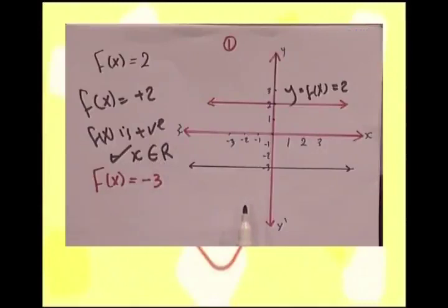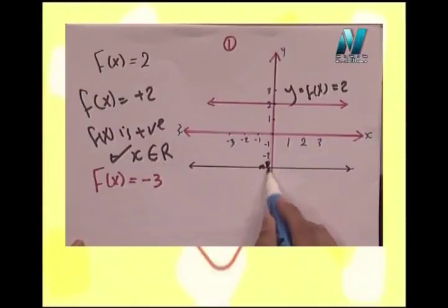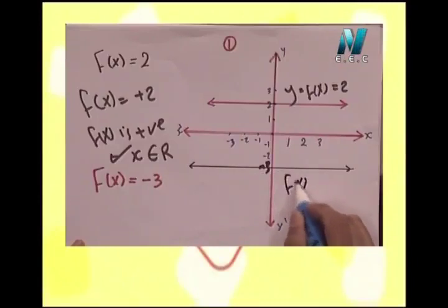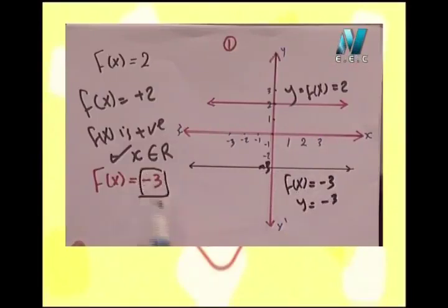Look here to see again the function f(x) equals negative 3. f(x) equals negative 3 here, or y equals negative 3. It is negative all the time because it's constant and it is downward of the x-axis, so it is negative.